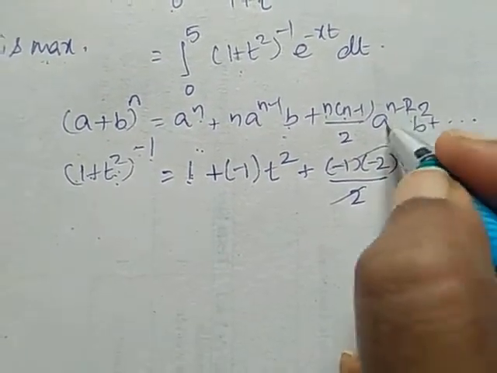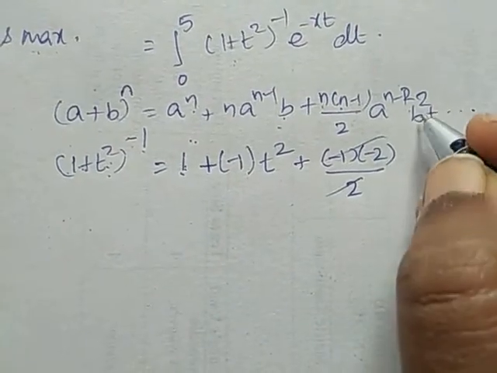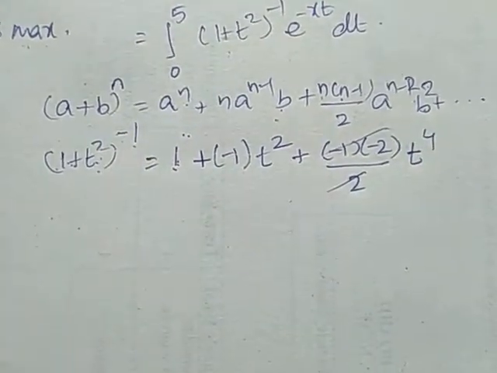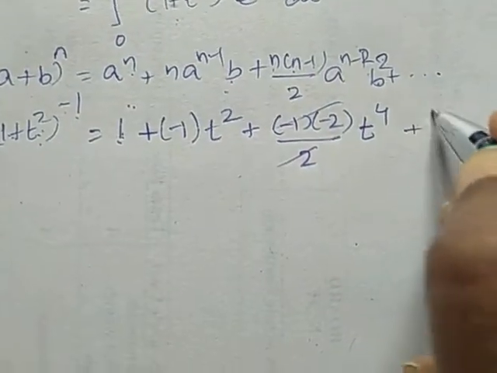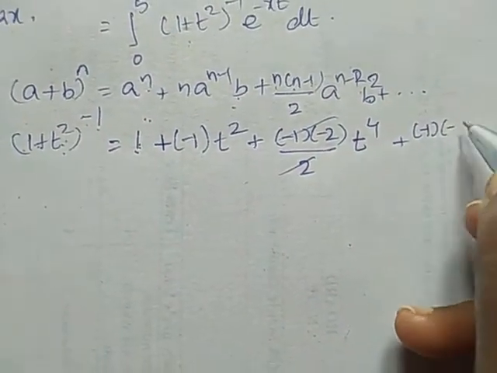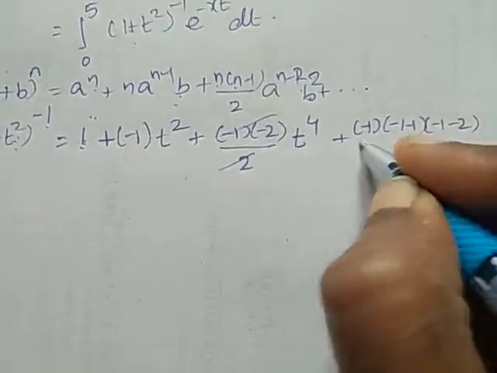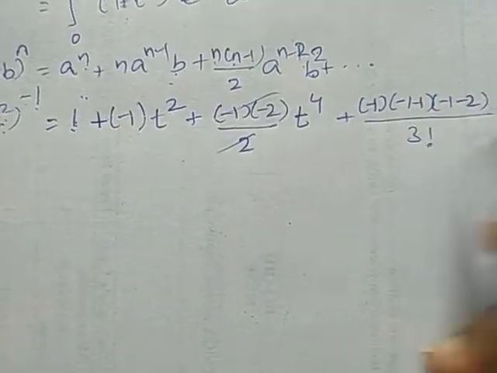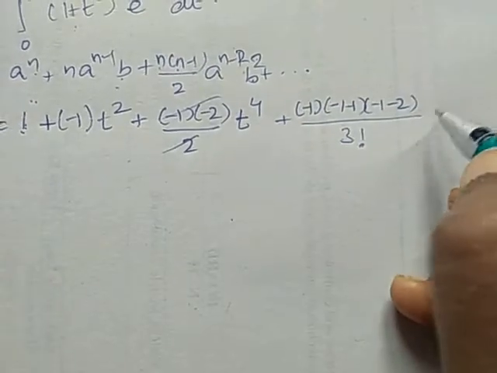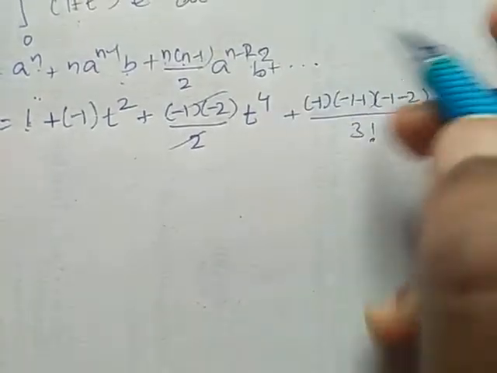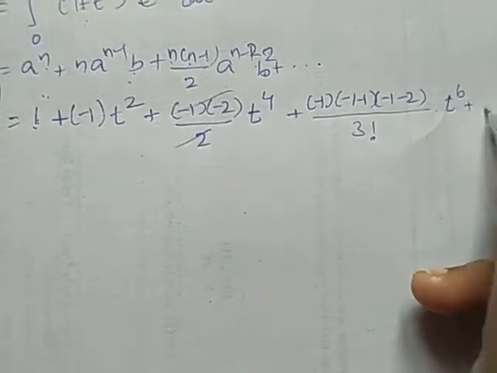This 2 will get cancelled. 1 to the power n minus 2 is 1 itself. B square is t power 4. Next will be n(n minus 1)(n minus 2) by 3 factorial into 1 to the power n minus 3, b to the power 3. So t power 6, etc.